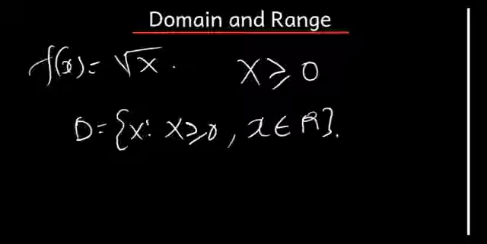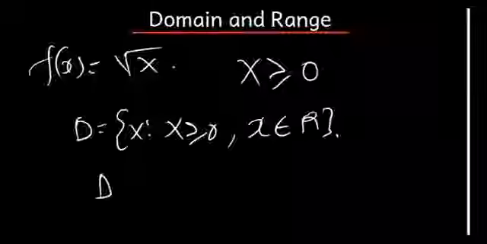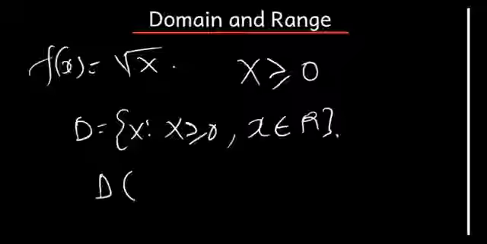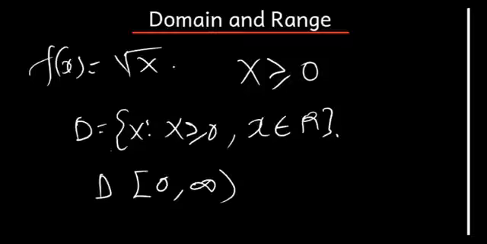Using the set interval notation, you can say that the domain will be starting from 0, but 0 is included, so I'm supposed to use the closed one. Starting from 0 all the way to positive infinity. But we don't know if positive infinity is included, so we'll put the open one. So this is the domain.